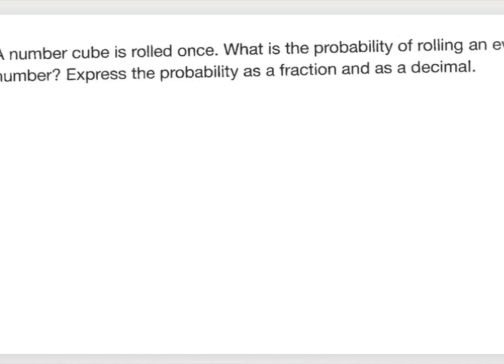So remember that a number cube is just a die. A die has a 1 on one side, and then a 2, a 3, a 4, a 5, and a 6. So these are the numbers on a die.